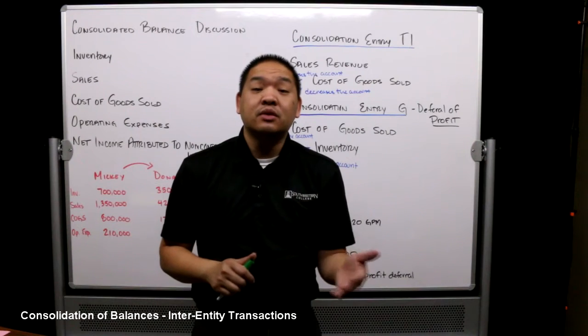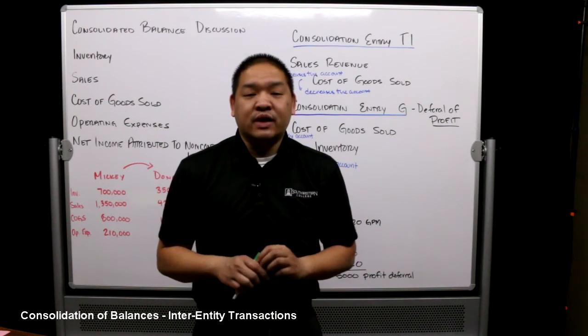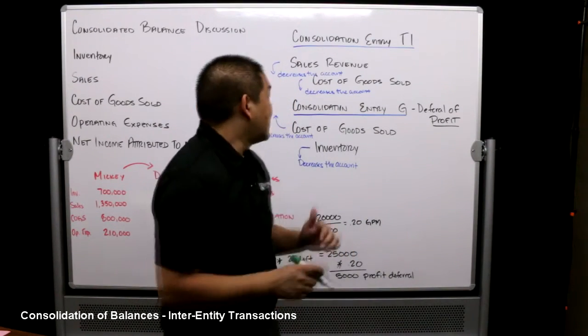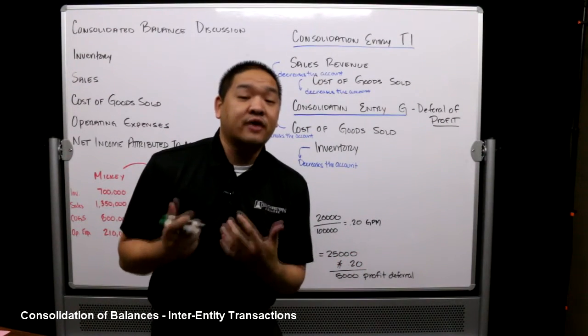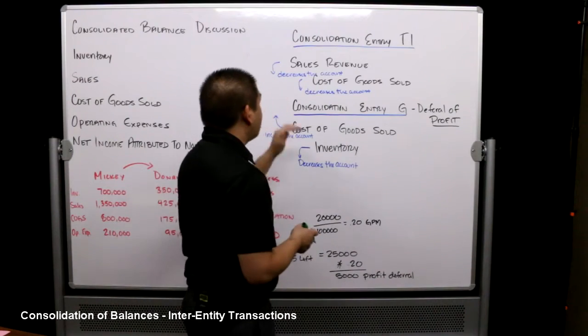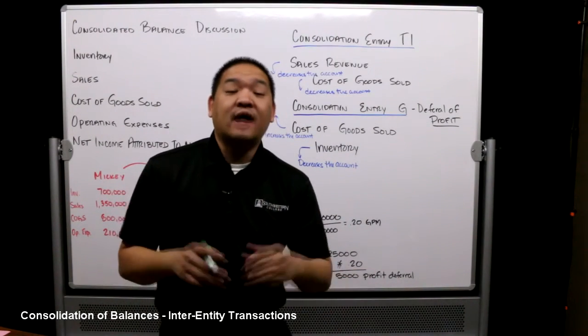So we're trying to remove the sales revenues of inventory between a parent and a sub, or a sub and a parent. The way that we do that is we debit sales revenue, because that removes the sale. If we had a sale, we would credit sales, so if we're debiting sales, it would remove the sale. And we are also crediting cost of goods sold. Normally, we would debit cost of goods sold.